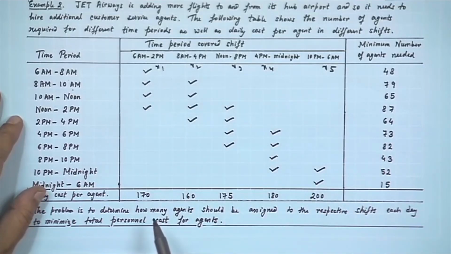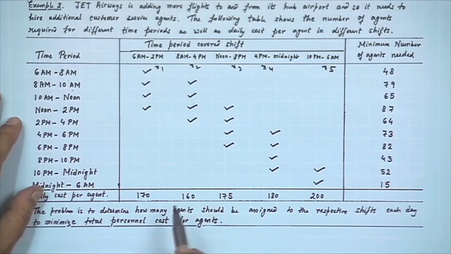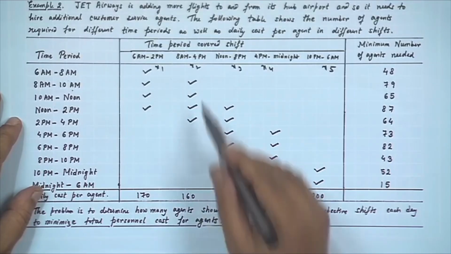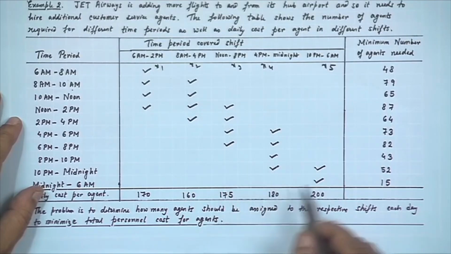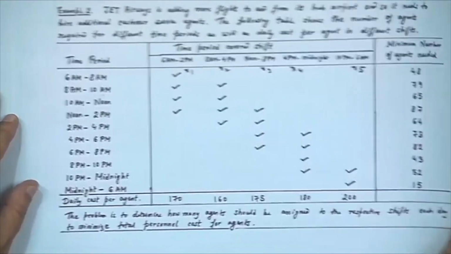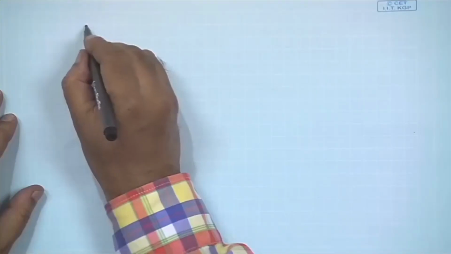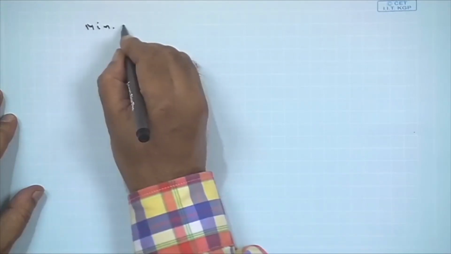So, the total cost or wages for them, the total personnel cost, will be 170 x1 plus 160 into x2 plus 175 into x3 like this way, plus 200 into x5. Your problem will now be to minimize the function because you want to minimize total personnel cost.